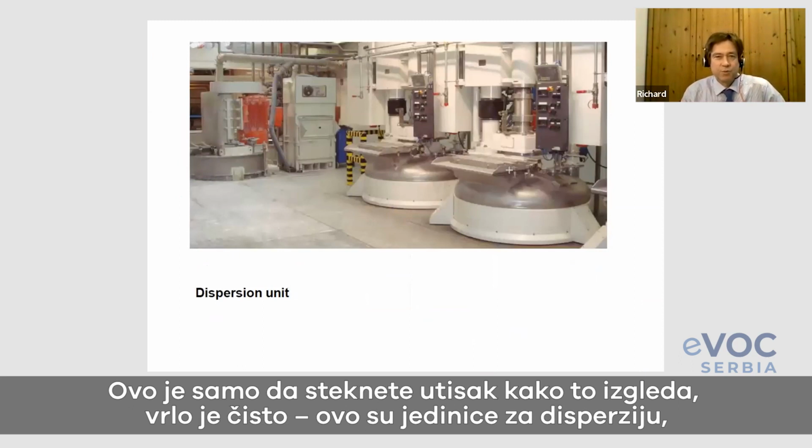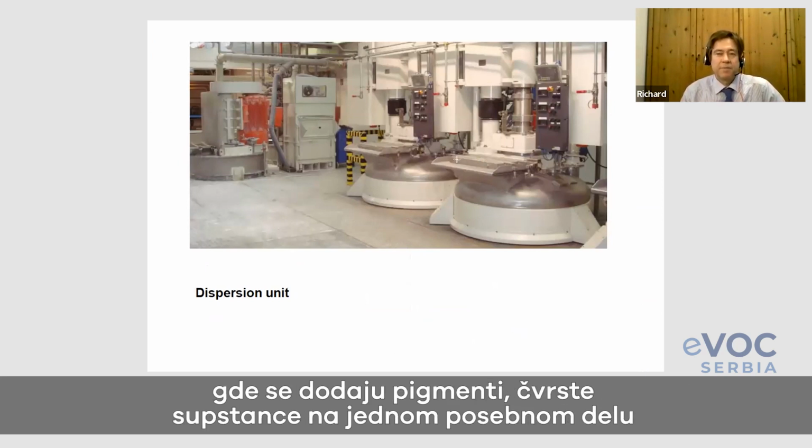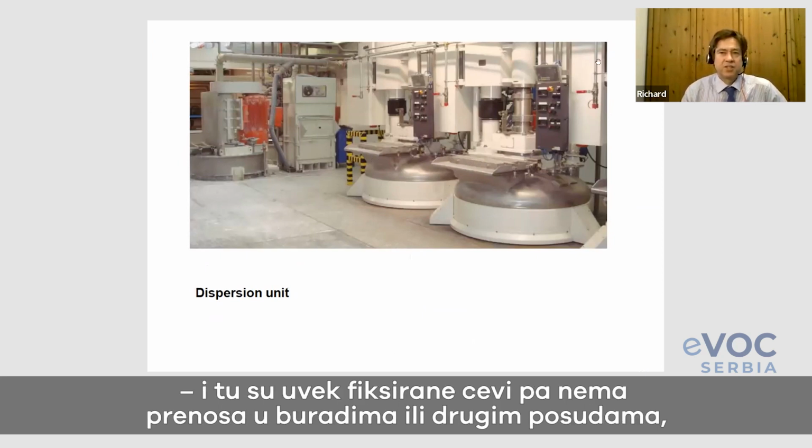Yes, this is only to show you, to give you a feeling how it looks. It's rather very clean, as you can see here, the dispersion unit. The pigments and solids are added in a special addition unit here, and you see additionally there are always fixed tubes, so there's no transportation by, let me say, barrels or containers.